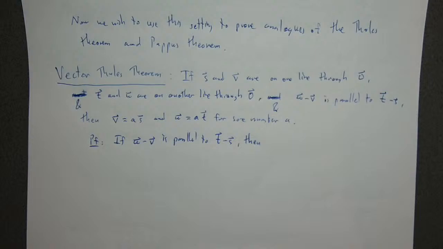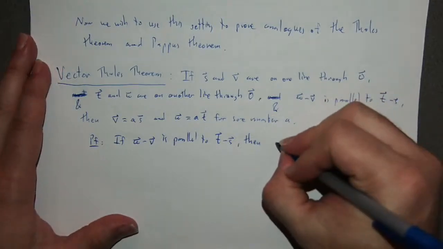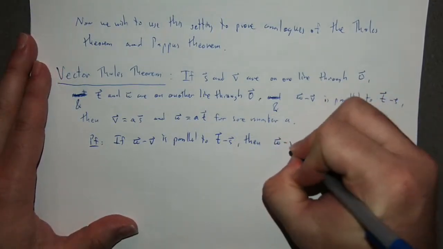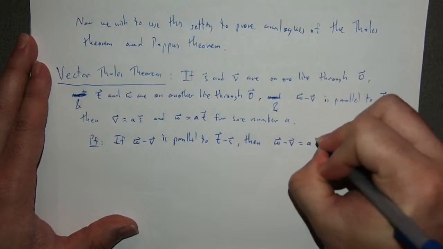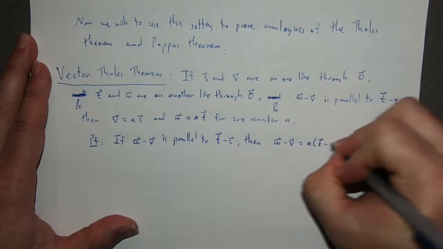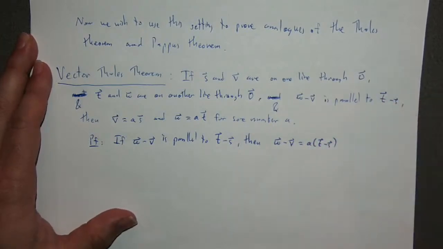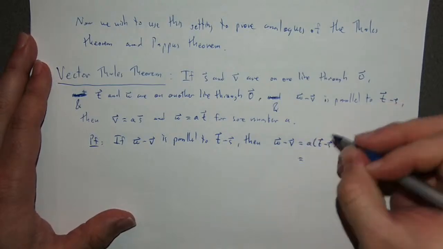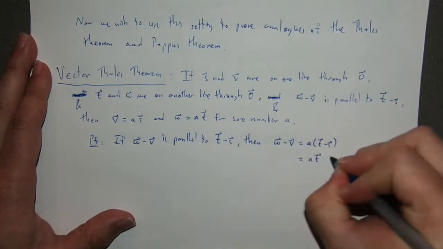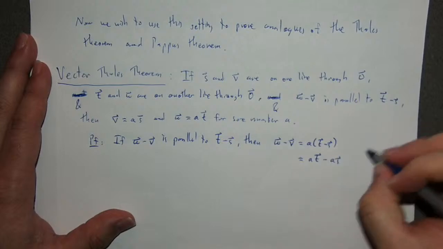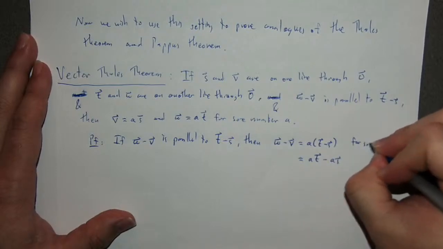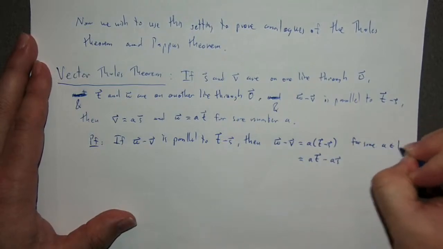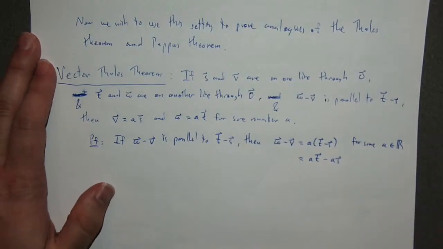Then W minus V is equal to A times T minus S. But using vector space axioms, this means that this is AT minus AS, for some real number A.